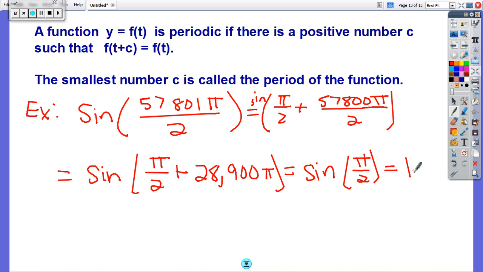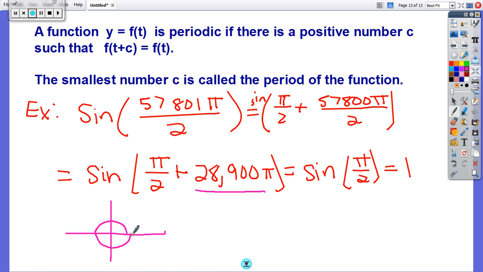Why is that true? Well, that's true because 28,900 pi is a multiple of 2 pi, right? So since 28,900 pi is a multiple of 2 pi, we can say that they wrap to the same point. Remember when we had the coordinate plane and we said this is 1 pi, 2 pi.